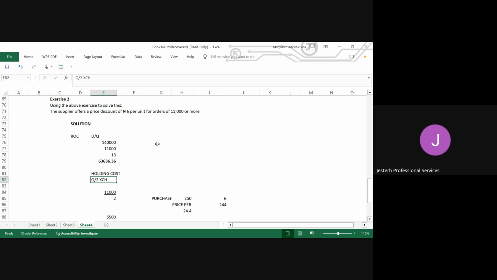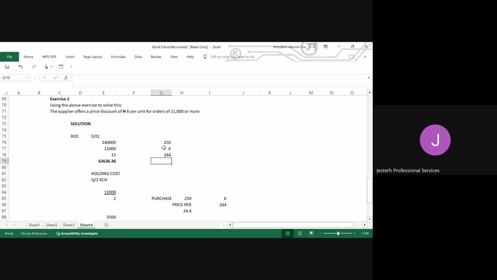Remember, the price per unit before is 250 naira per unit, and then they decided to give them 6 naira. Now it means what the organization is going to pay per unit is going to be 244 naira per unit, and the company has already set the holding costs based on the purchase price.